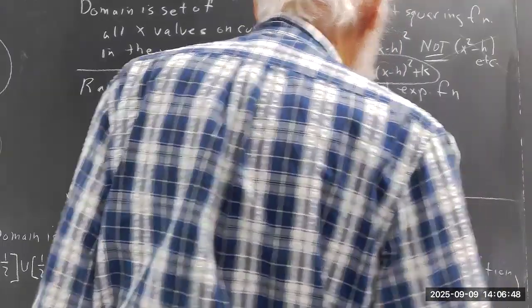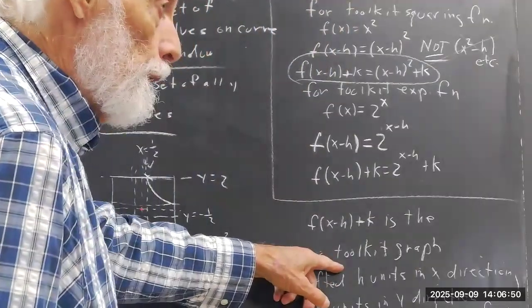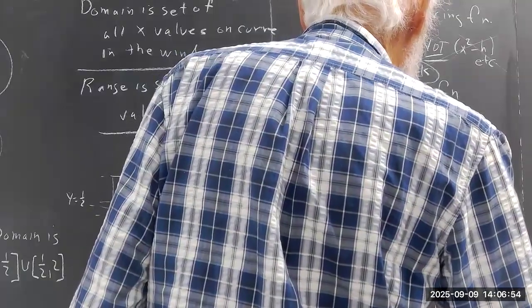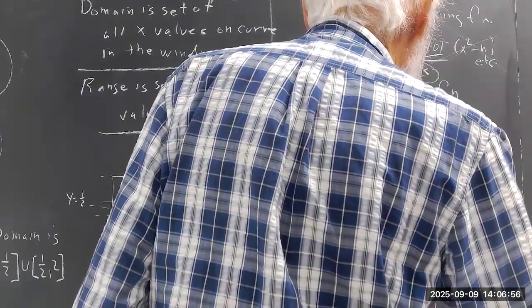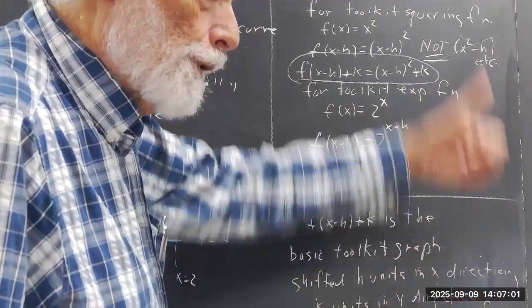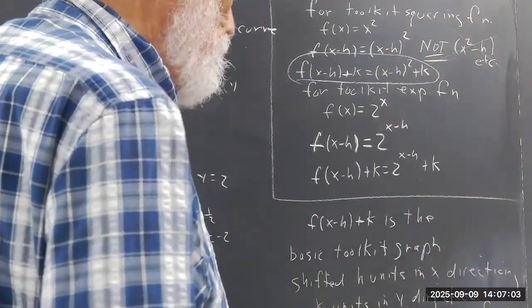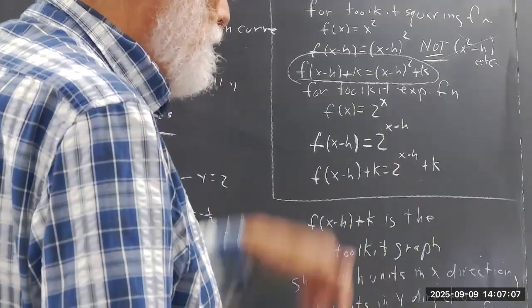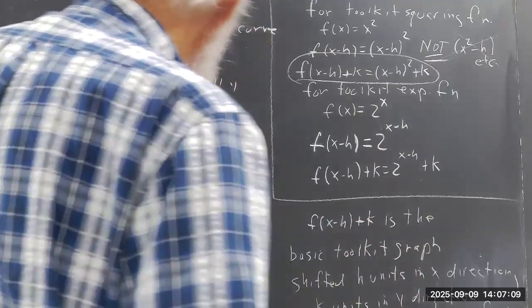The red dot is at the origin for any toolkit graph. And it moves h units in the x direction, k units in the y direction. Now, if h is negative, it'll move to the left. If k is negative, it'll move down.